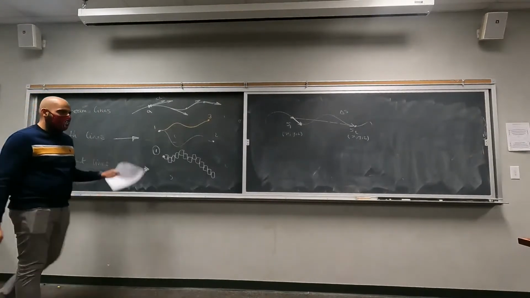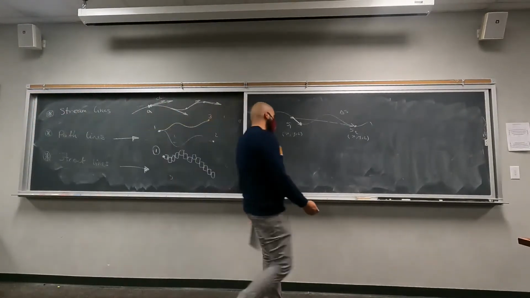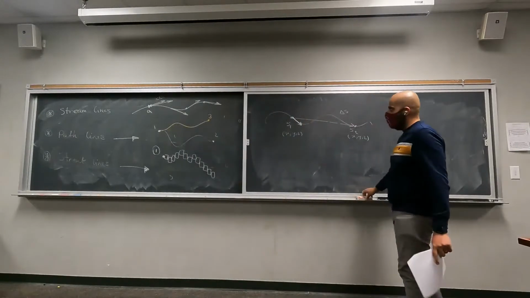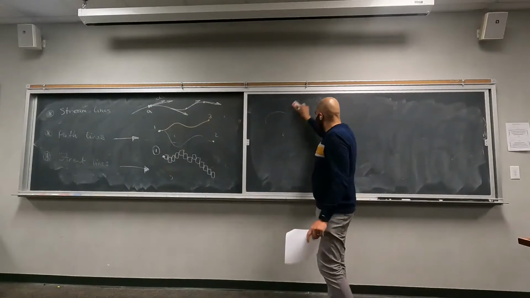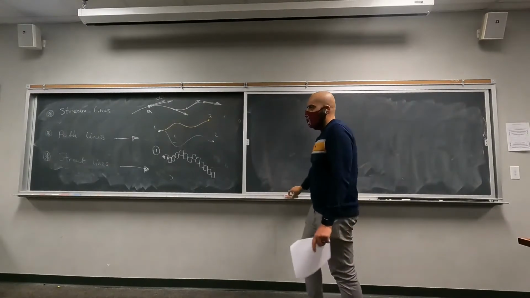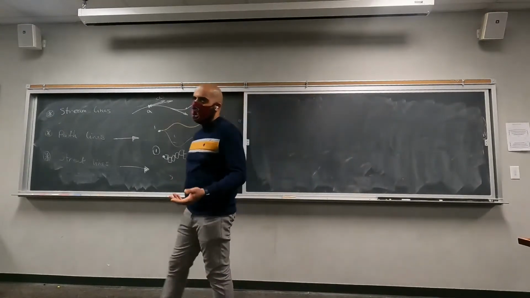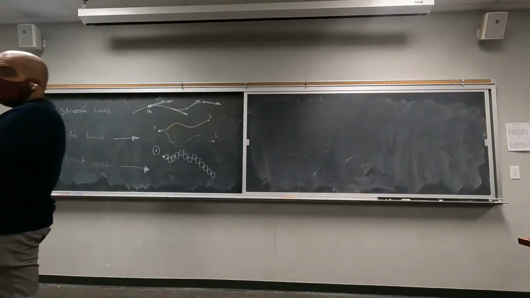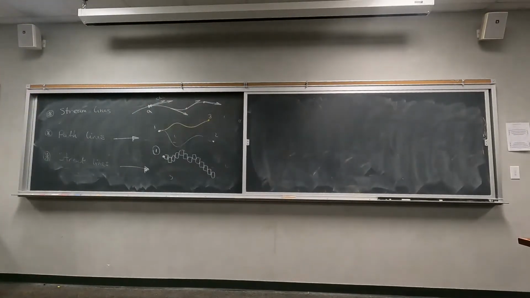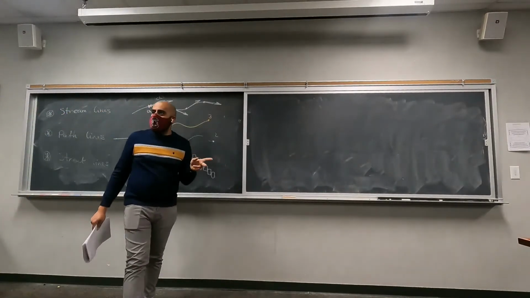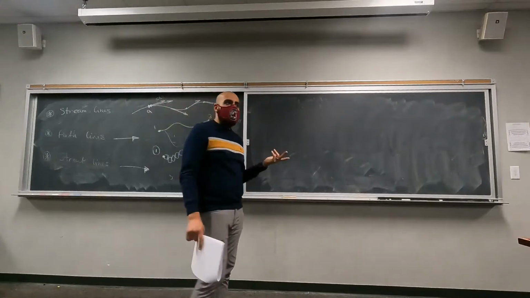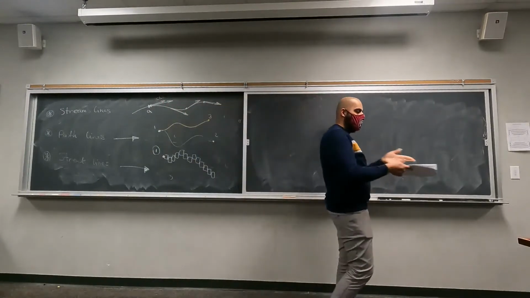So what can we say about these two vectors? The idea is that vector ds is always tangent to the velocity vector. Go back to the vector calculus we just talked about in the previous lecture. What is the cross product between two vectors that are in the same direction?